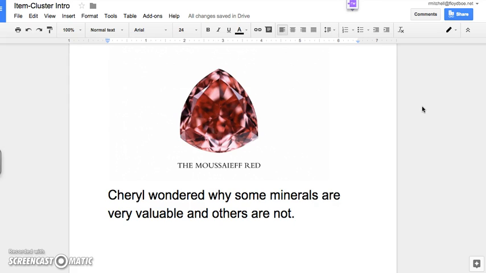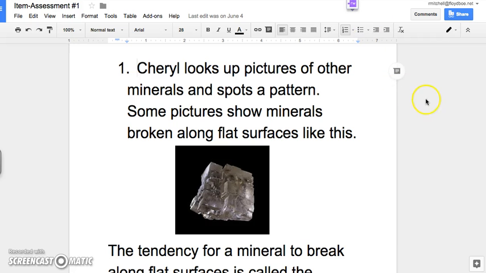So that's the phenomenon, and you can see I attached a storyline to it with Cheryl and how she wondered about these minerals. Now, I'm not going to then answer the phenomenon. This is just going to start other questions that come from the topic of minerals. So what might one of those questions look like? Here's what might be a question that comes right after the phenomenon.